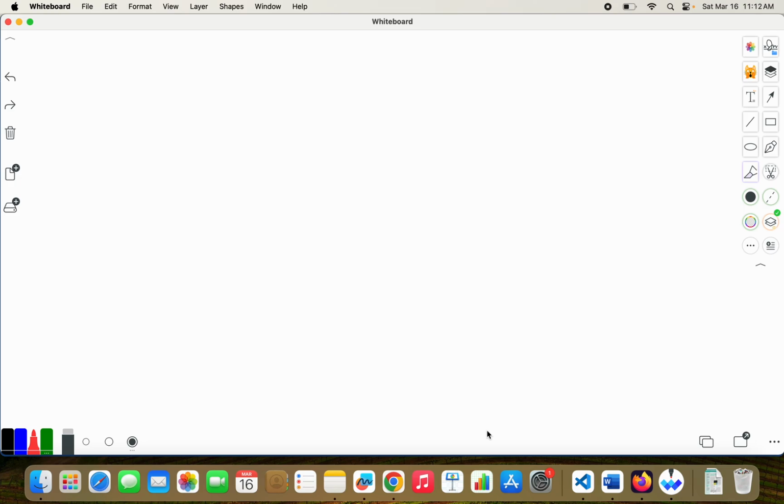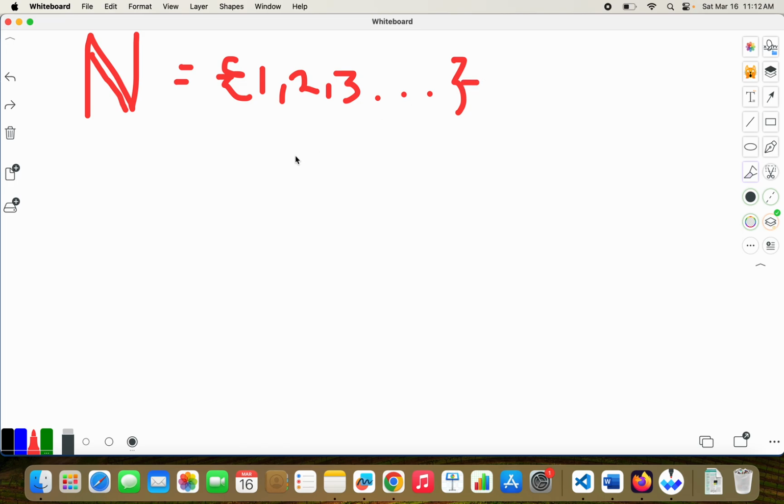So right now, N, the natural numbers, has an ordering: 1 is less than 2, which is less than 3, which is less than 4.